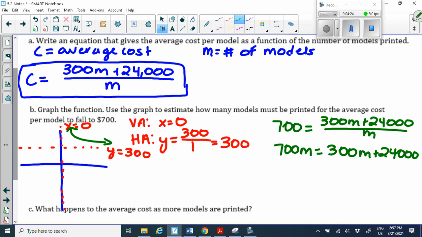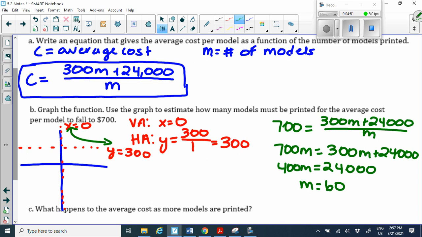And then we solve, so I subtract 300N from both sides, so I now get 400N equals 24,000. And I divide both sides by 400. I get 60. So basically N is 60, so 60 models.